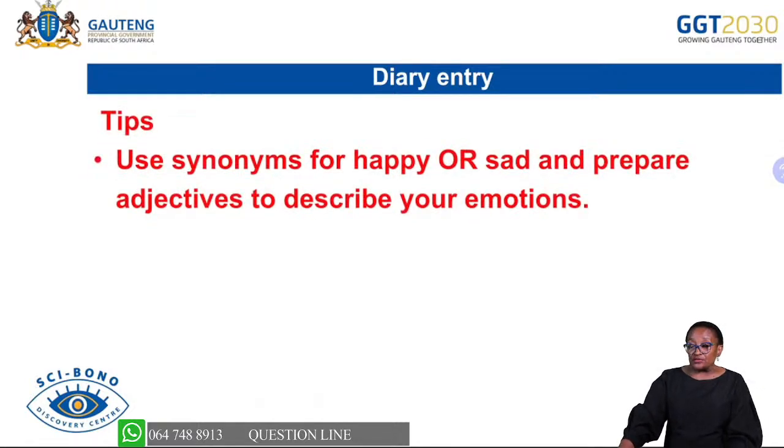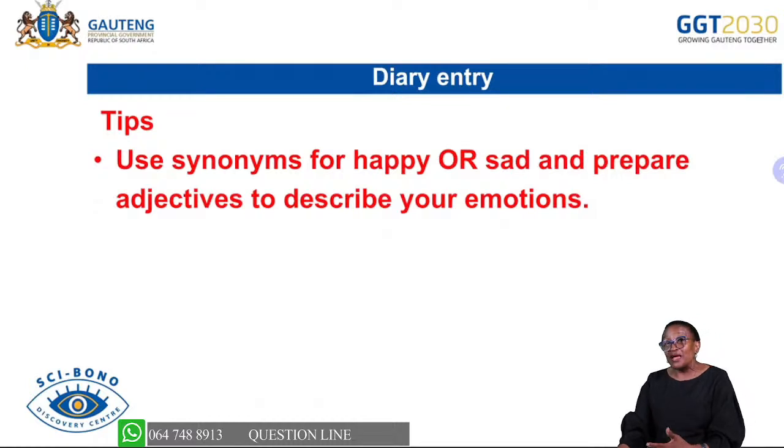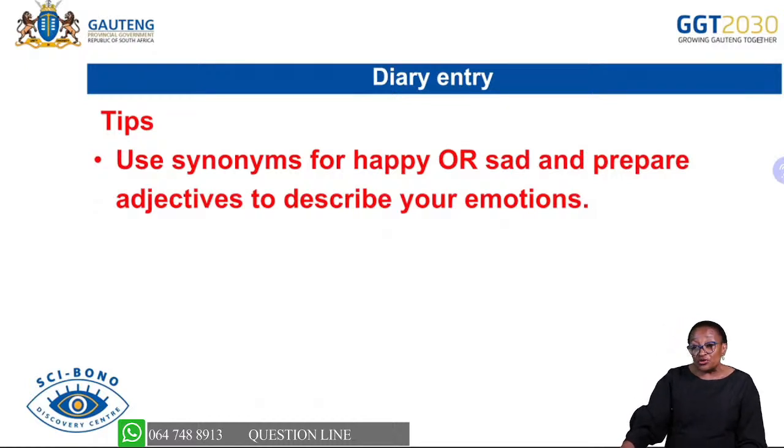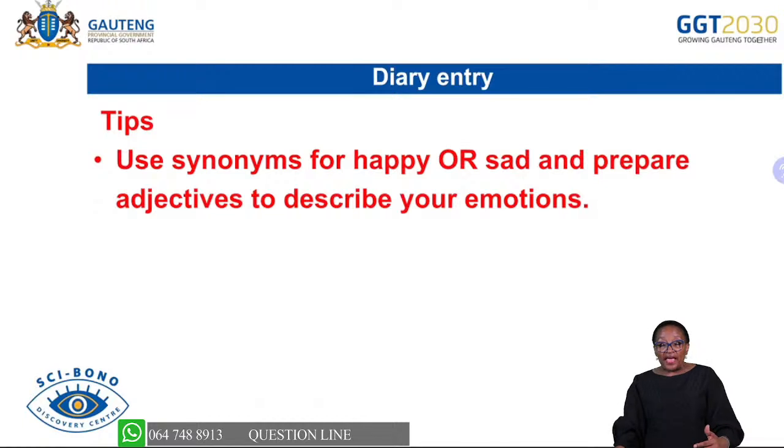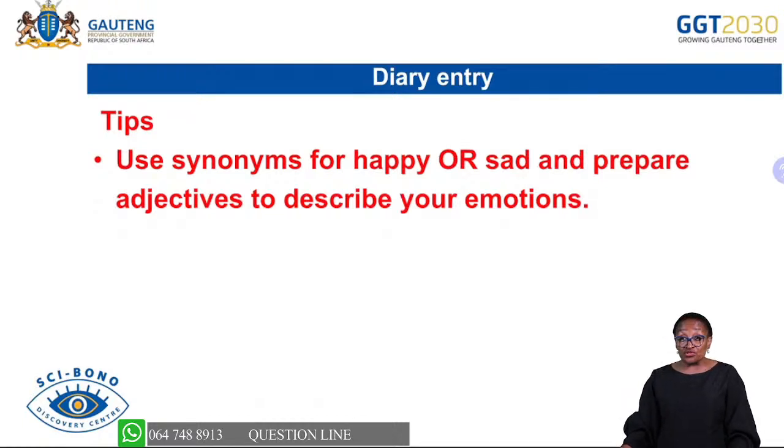Use synonyms for happy or sad, and prepare adjectives to describe your emotions. You don't have to use happy throughout your entry. I was happy because of this. I was happy. I was sad. You've got to use synonyms, but also prepare a number of adjectives that you can use to describe your emotions. That is very, very key. That is what will make the language rich.